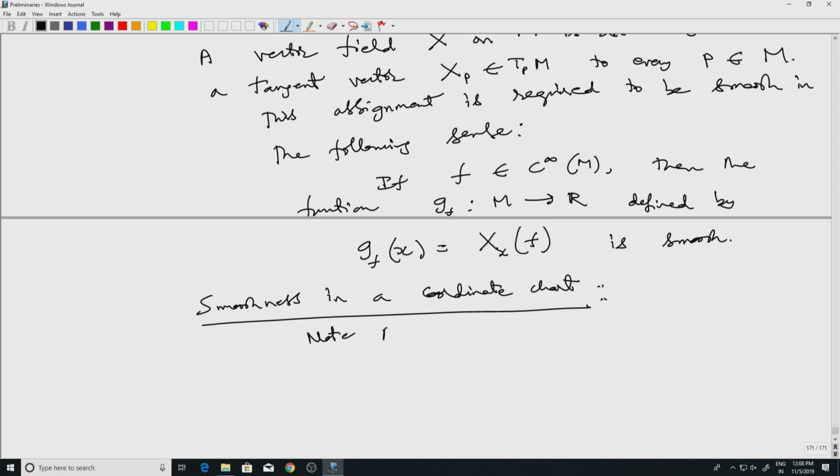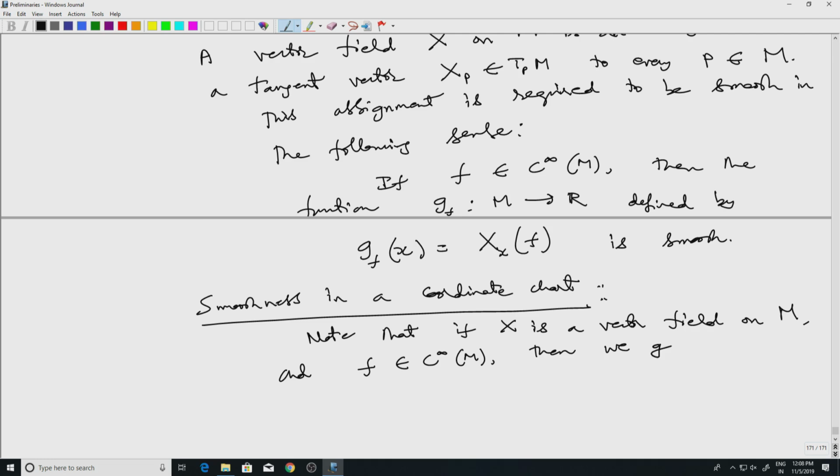Note that if X is a vector field on M, and f is a C infinity function on M, then we get a vector field fX, f times X. In order to say what a vector field is, I have to specify what tangent vector we get at every point.